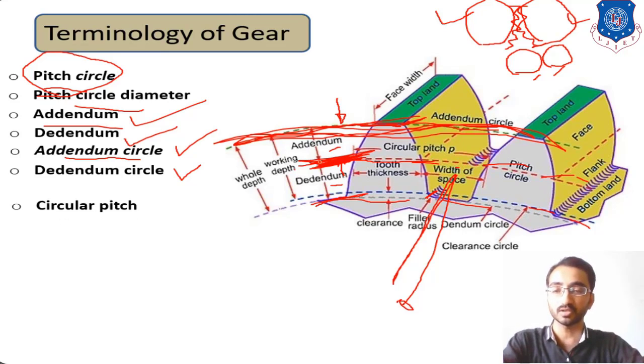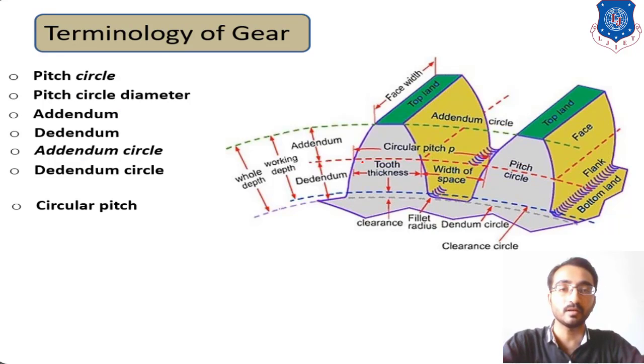Okay, so to learn this concept of circular pitch, let's consider that we have point A on a tooth of this gear, and a similar type of point can be obtained on the adjacent tooth. Let's consider point B. So the circumferential distance from point A to point B will help to identify the same point on its adjacent tooth.